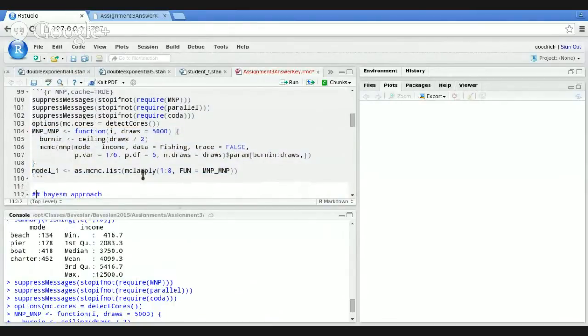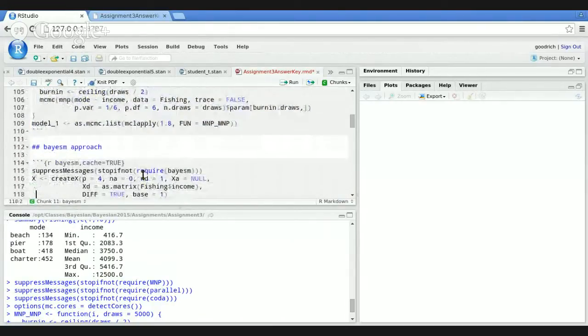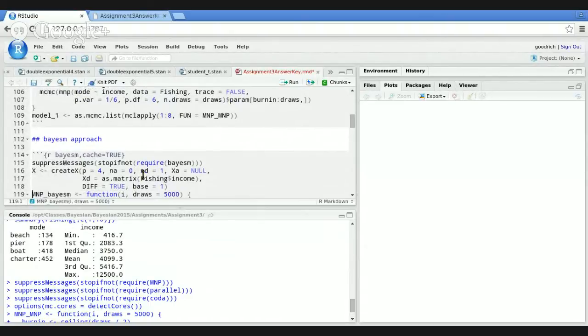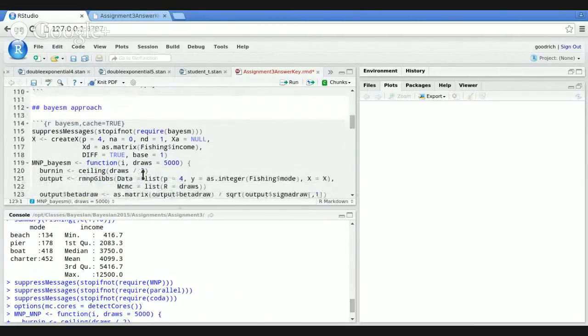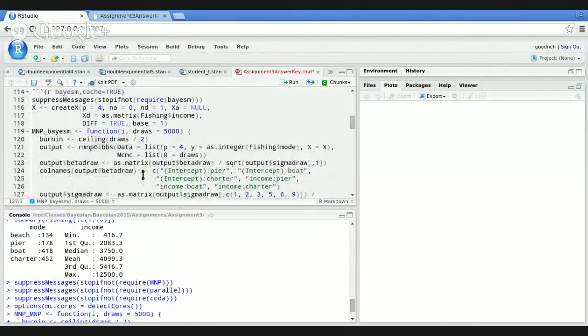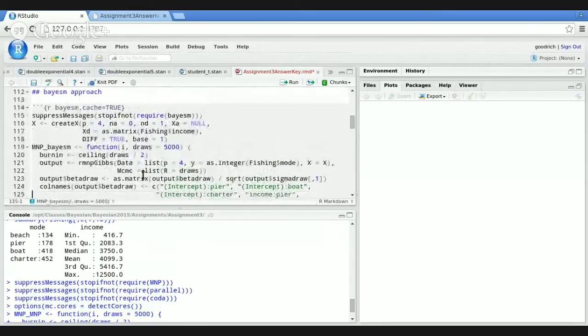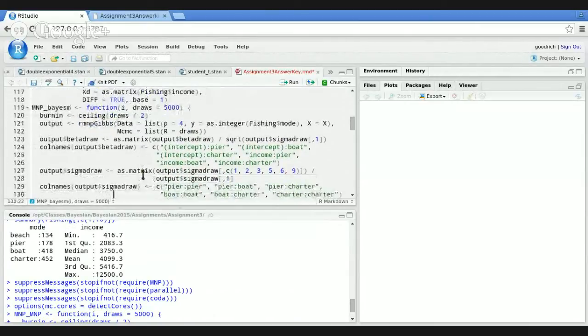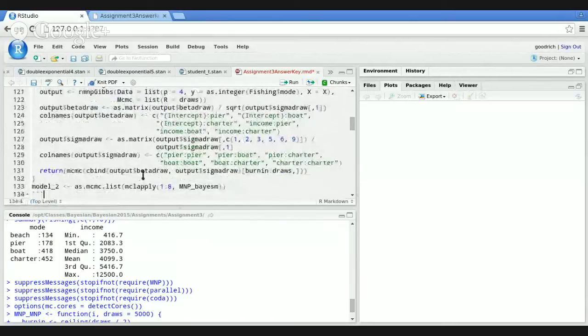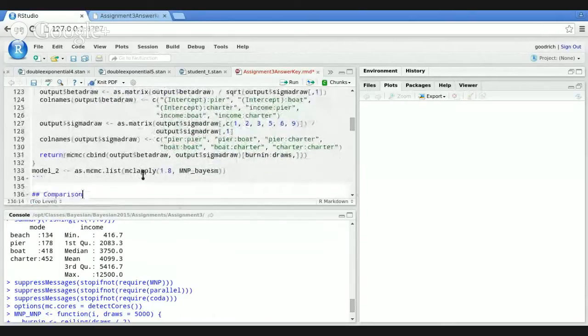Now, there's actually more than one Gibbs sampler for a problem like this. There are 3 that I know of, and 2 are already available in R packages. The Bayesm R package also had a function called rmnpGibbs to draw from essentially the same model. There's some additional post-processing that has to go along with it.